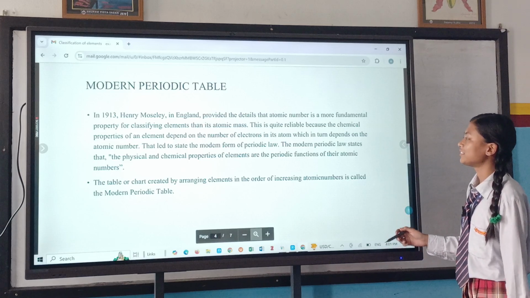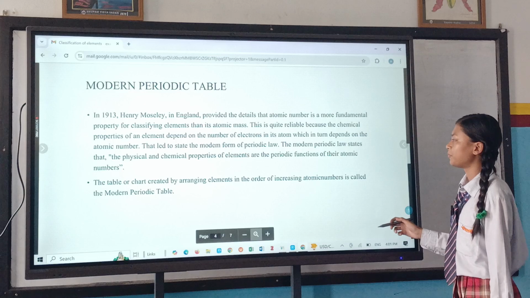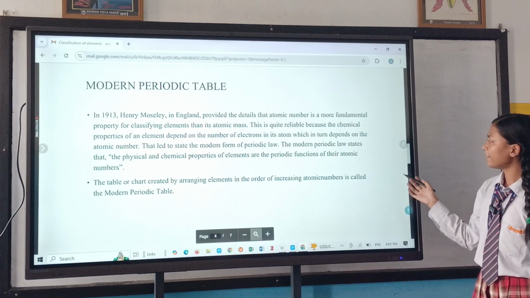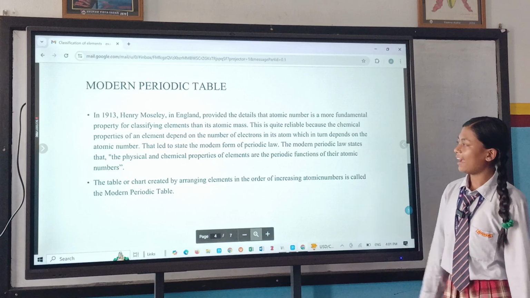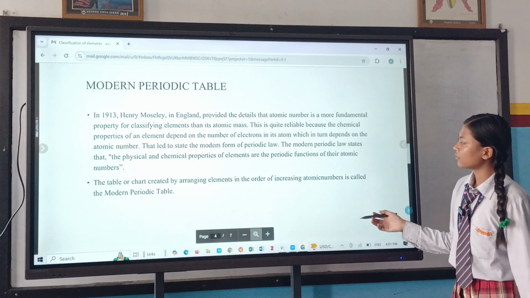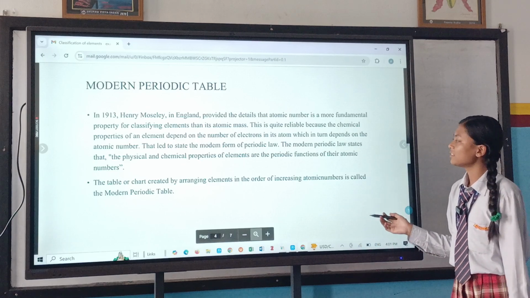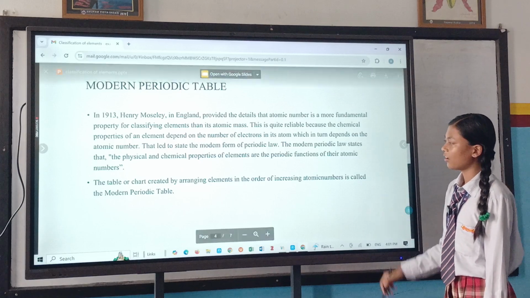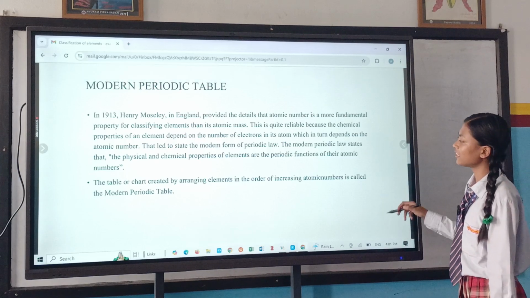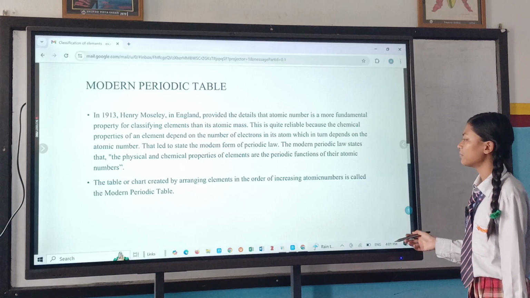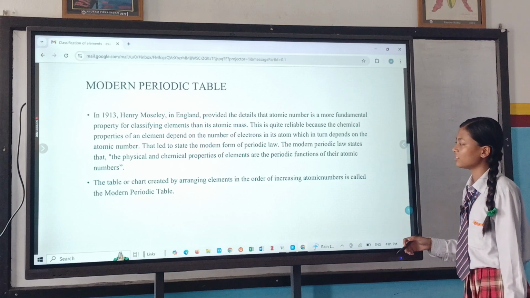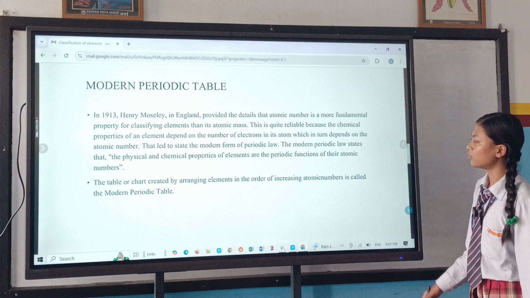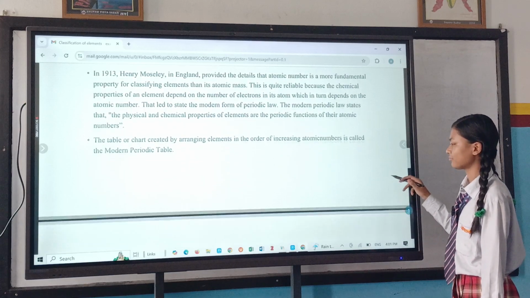That led to the modern form of the periodic law. The modern periodic law states that the physical and chemical properties of elements are periodic functions of their atomic numbers. The chart created by arranging elements in the order of increasing atomic number is called the modern periodic table.